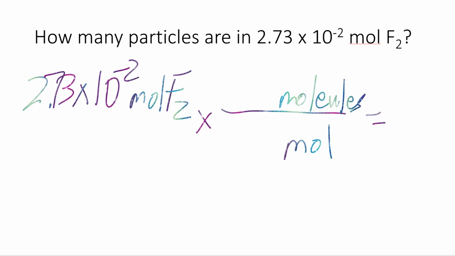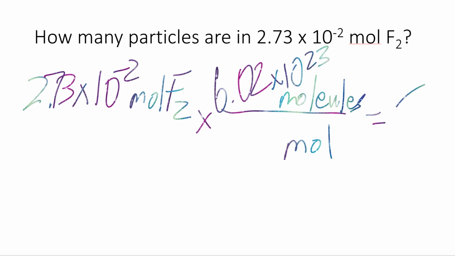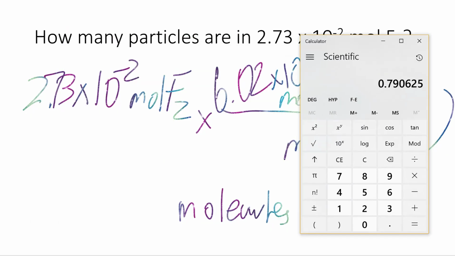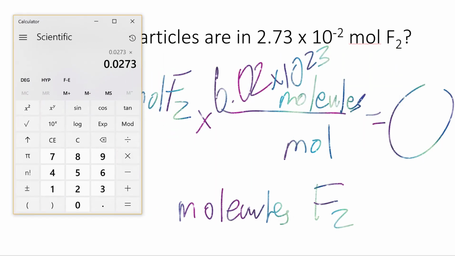Equal sign. And you got to know how many molecules there are in a mole. Remember, a mole is a counting number. It's always Avogadro's number. So it's 6.02 times 10 to the 23rd. And I can't write it here on the right side, so I'm going to write it at the bottom. I'm going to solve for molecules of F2. So I'm going to type this into my calculator here. It's 2.73 times 10 to the negative 2 times 6.02 times 10 to the 23rd.